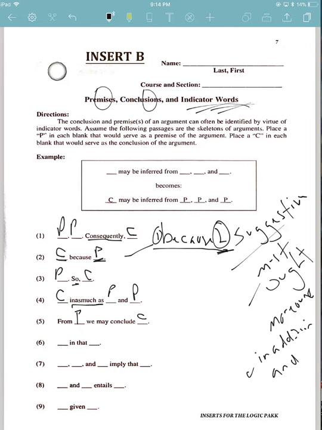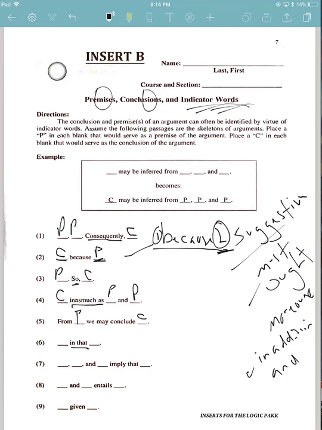Here you're going to have premise in that. So it is raining in that I will bring an umbrella. No, I bring an umbrella in that it's raining.